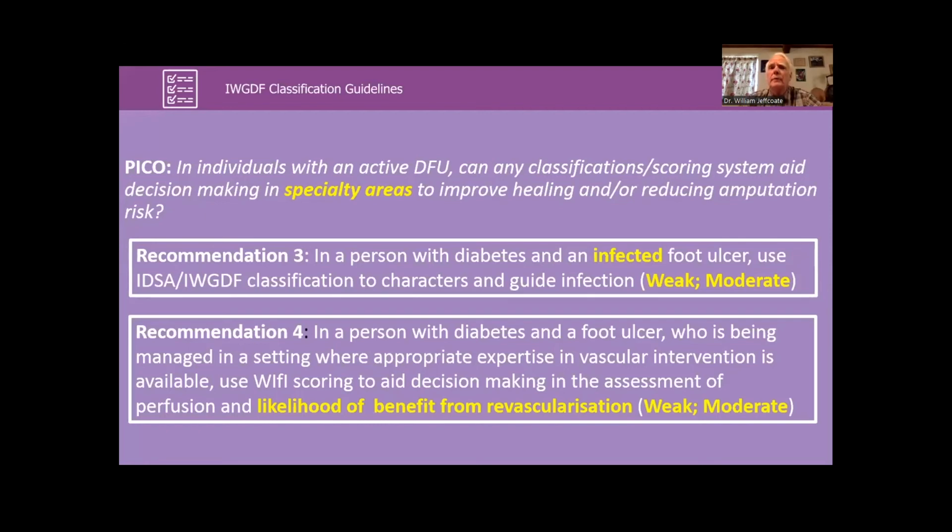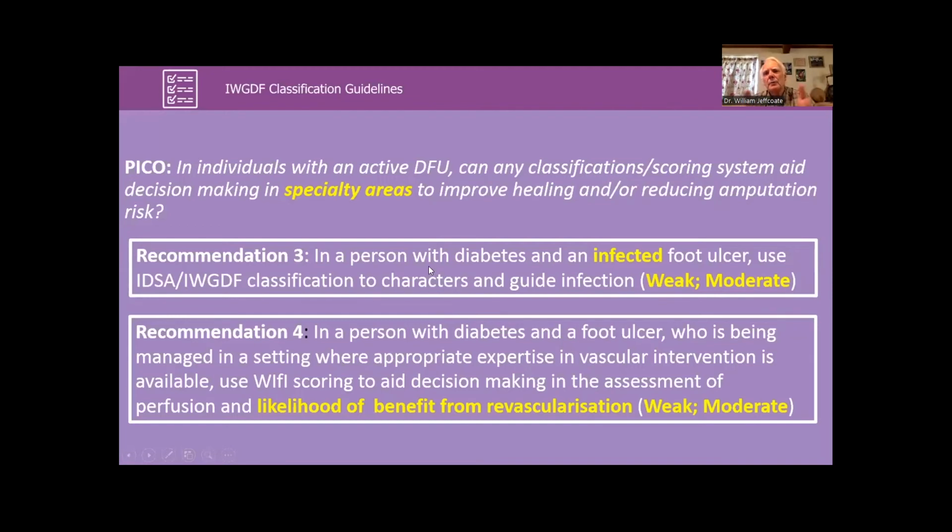And then the 4th one was about peripheral artery disease. And again, there is evidence, a lot of evidence for the use of WIfI, and using it to try and decide whether someone would benefit from revascularization. But the problem in 2019 was that very few of the studies had been done on people with diabetes. Or if they were done, they were mixed population of diabetes and non-diabetes together.